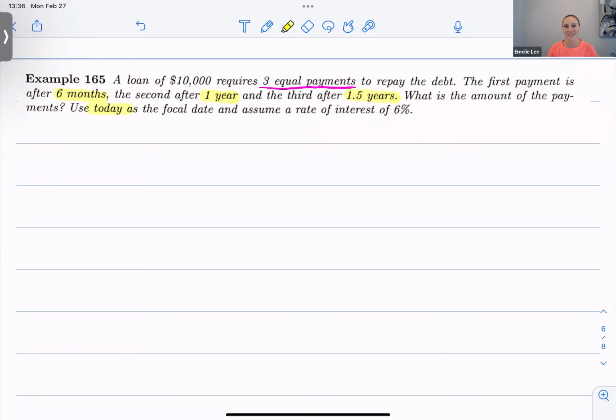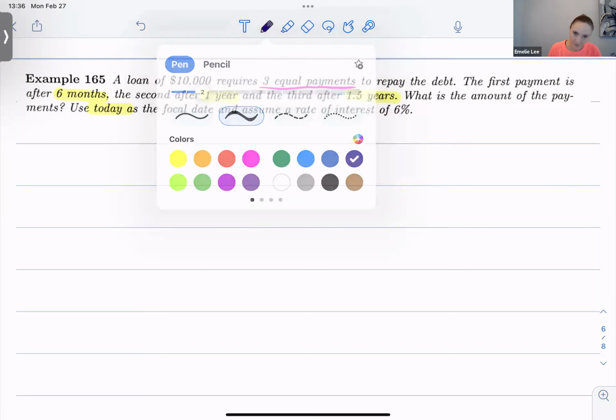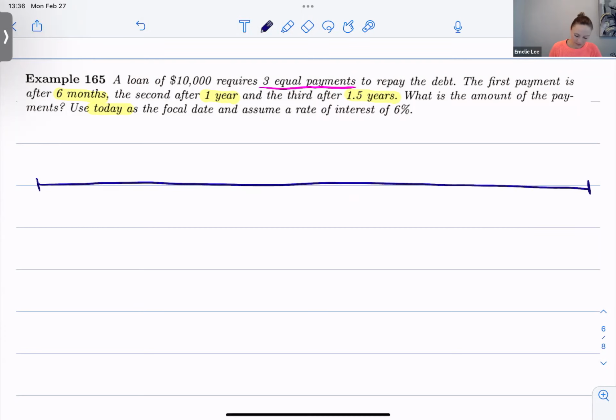This one's easier in terms of our timeline, I think, but maybe not for the first time solving this kind of problem. So we have today, and then we're going to make some unknown payment 6 months, 1 year, and 1.5 years from today.